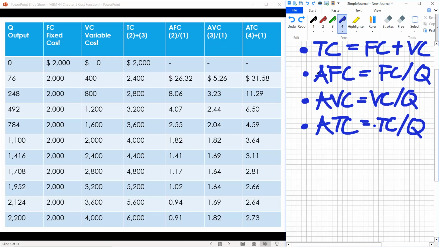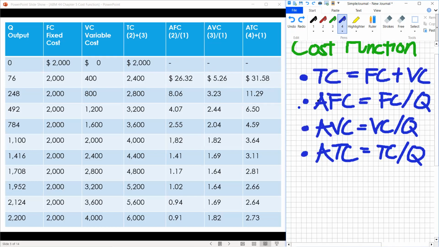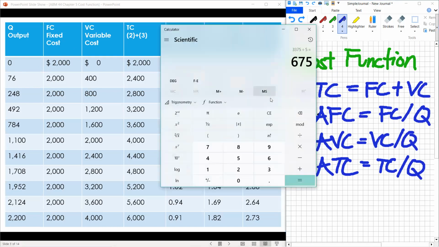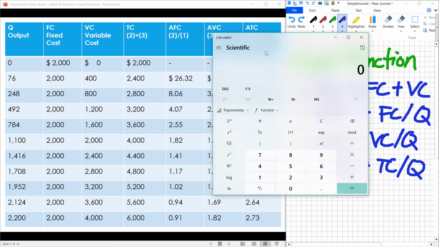So let's try to solve the given. All you need to do is solve for AFC. AFC is fixed cost divided by the quantity. Let's use our calculator. It's actually as simple as that.